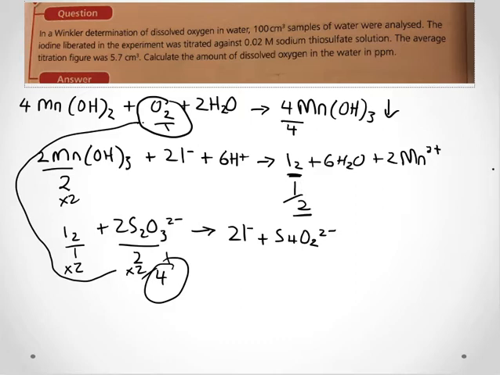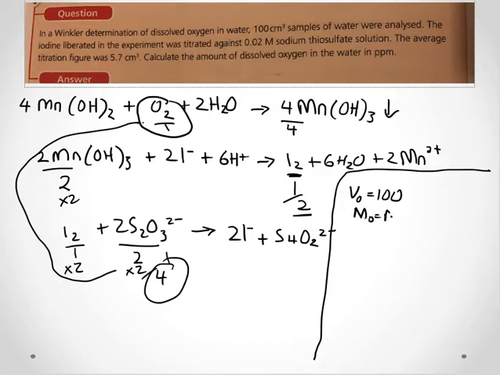So let's just carve out a little space for ourselves over here and do our V1M1N1. In this titration, our volume of oxygen was 100 centimeters cubed. Our molarity of the oxygen is what we're trying to work out. And then we've just worked out what the N is. It is 1 for the oxygen.